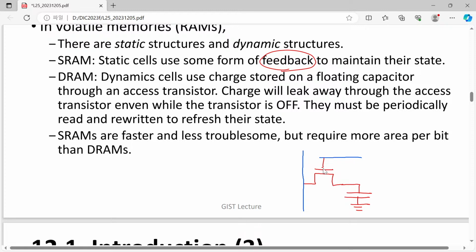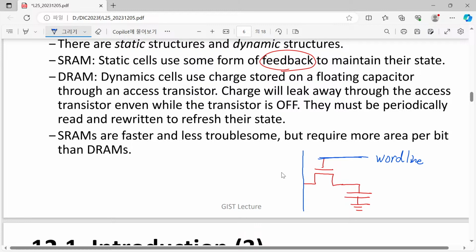Of course, vertical or horizontal just corresponds to this drawing, but this is the conventional way we draw this system. Usually this horizontally running line is called the word line, and this one is typically called the bit line.